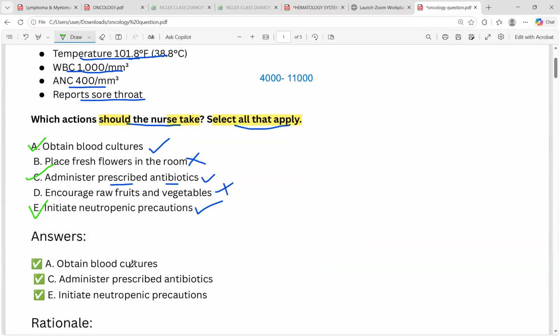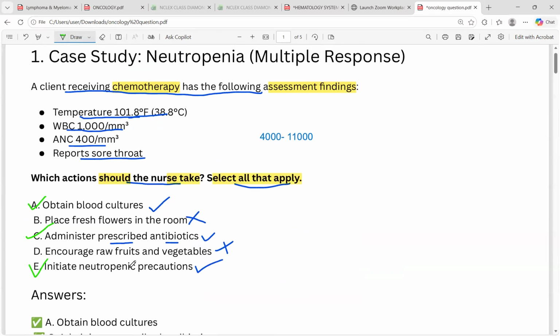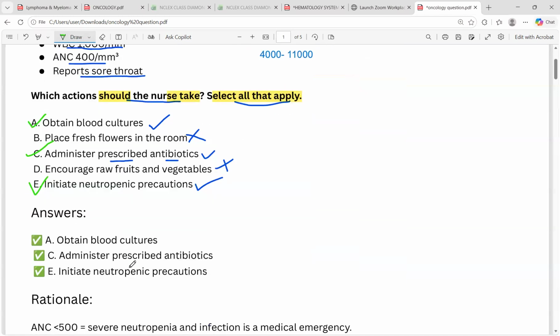So we can check it. Yes, because the client is already showing symptoms of infection: fever, sore throat, and a WBC of only 1000. Prescribed antibiotics means the doctor has already ordered the antibiotics, so we can give them. Initiate neutropenic precautions.